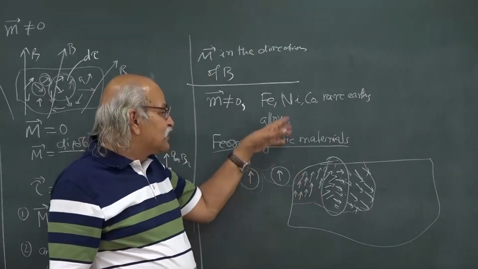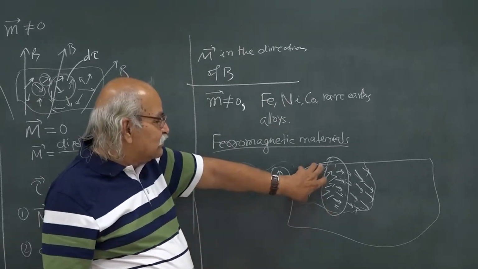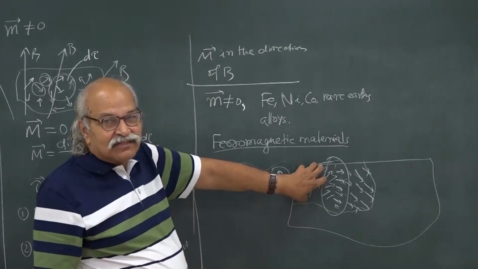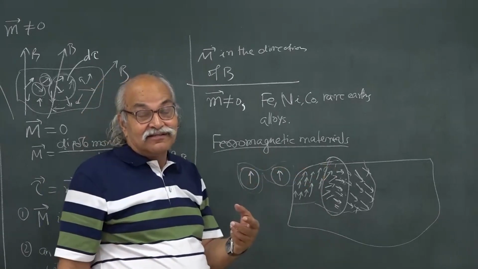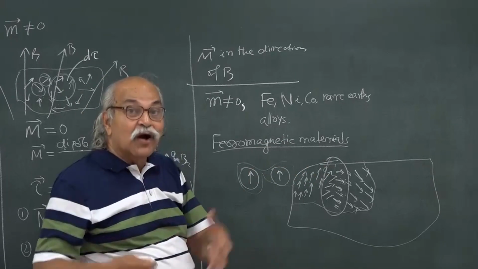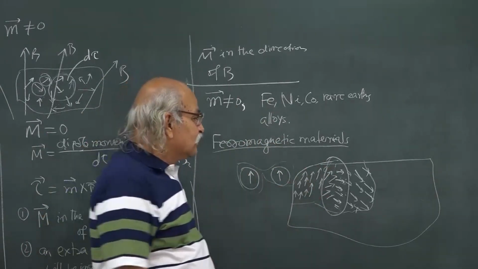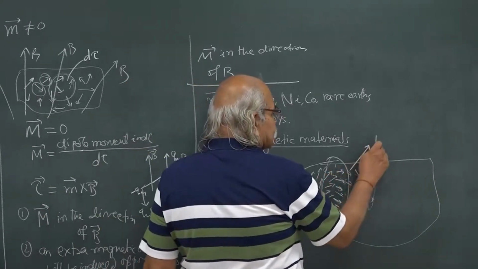So, depending on which system you are talking about and how it was magnetized, this size may be of that order, and you can understand that even if it is a 1 micrometer cube, how many atoms will be there, all aligned, and these are called domains.